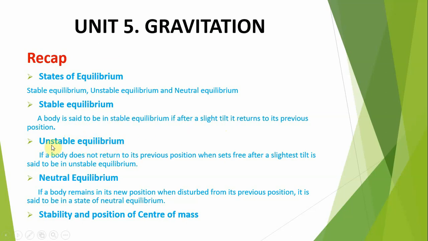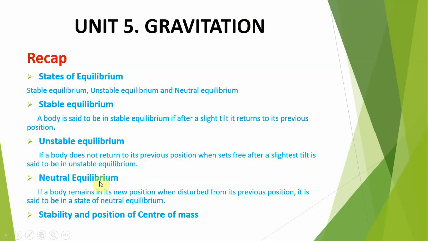In unstable equilibrium, it says if a body does not return to its previous position when set free after the slightest tilt, and in this form, after tilting, the center of gravity lowers.